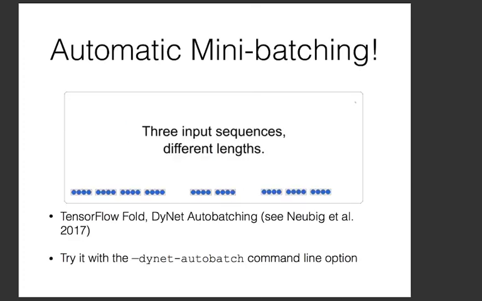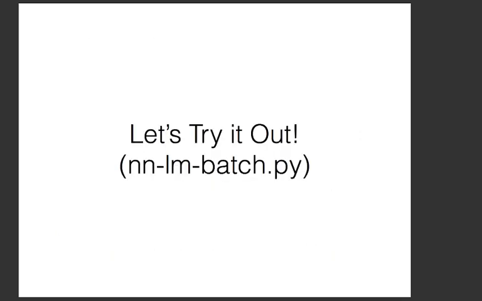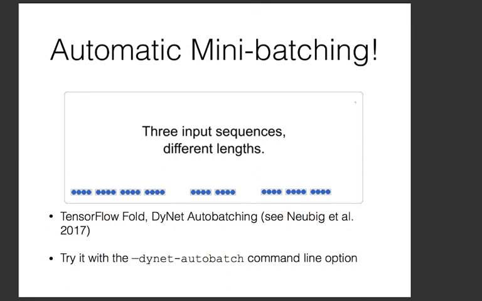It's also possible to do automatic mini batching. The idea behind this is instead of doing mini batching yourself, you just create a graph of all the operations that you want to execute, and the framework itself will automatically go in and batch things together for you.